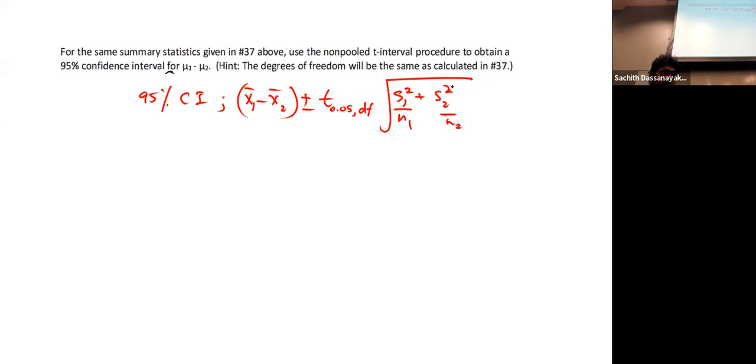I think, if I remember correctly, this should be the CI. So plug in the values and simply find the CI, same as the previous one. Although it is a multiple choice question, you have to go through this process and find the answer. Clear?